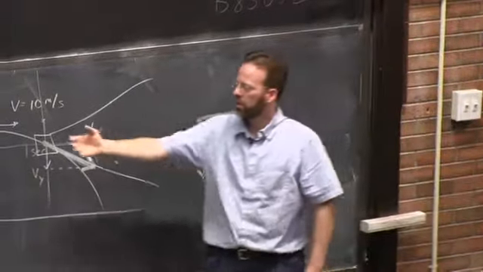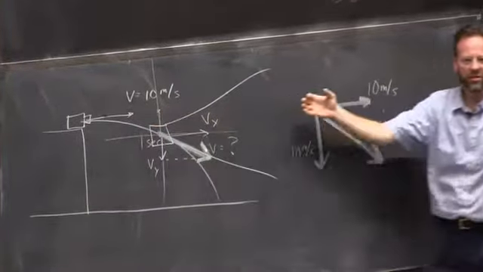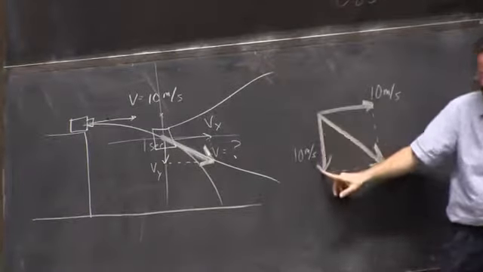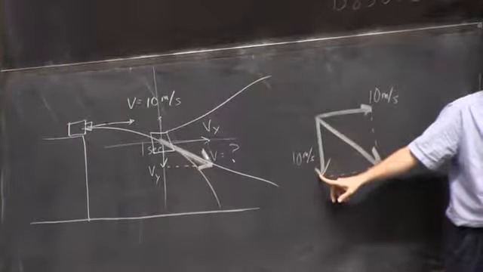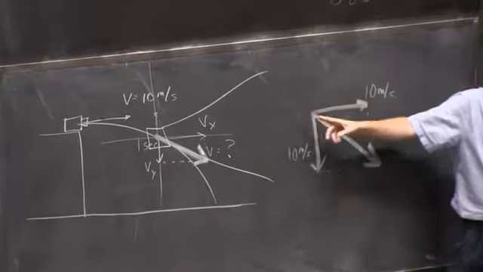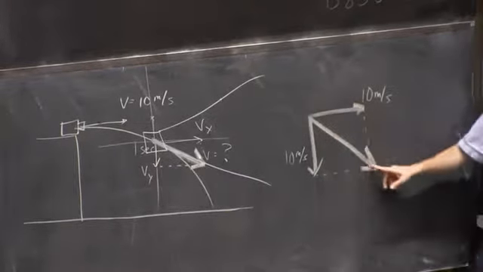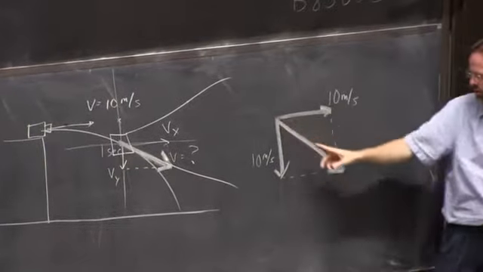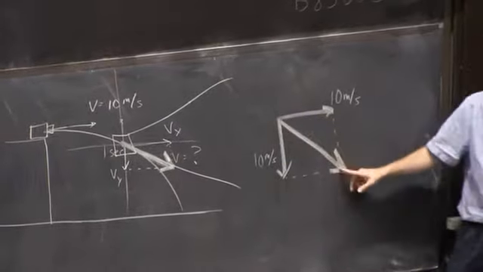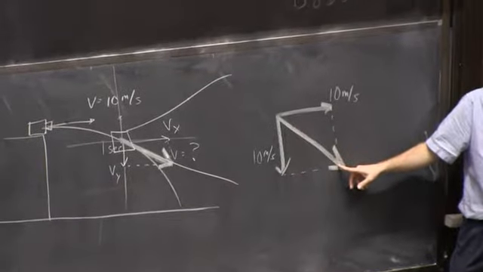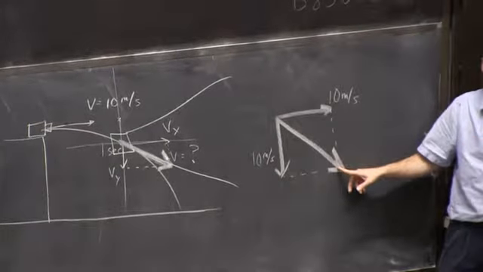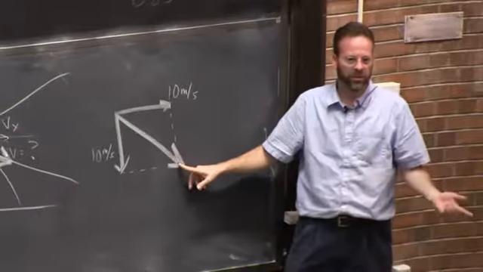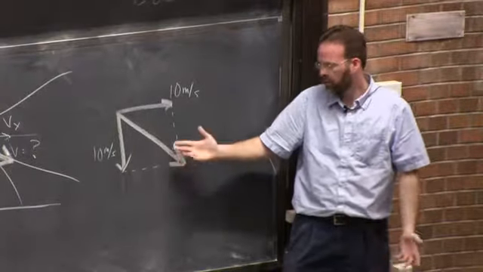So again, horizontally it doesn't change. It's still 10. But it's falling, and after a second it's now going 10 meters per second downward also. Thus the resultant combined velocity is represented by this length. Remember the length of a vector represents magnitude? You can see this is more than 10, so from this the answer can't be A. But it's not twice that either, so it shouldn't be D. It could be 14 or 16.